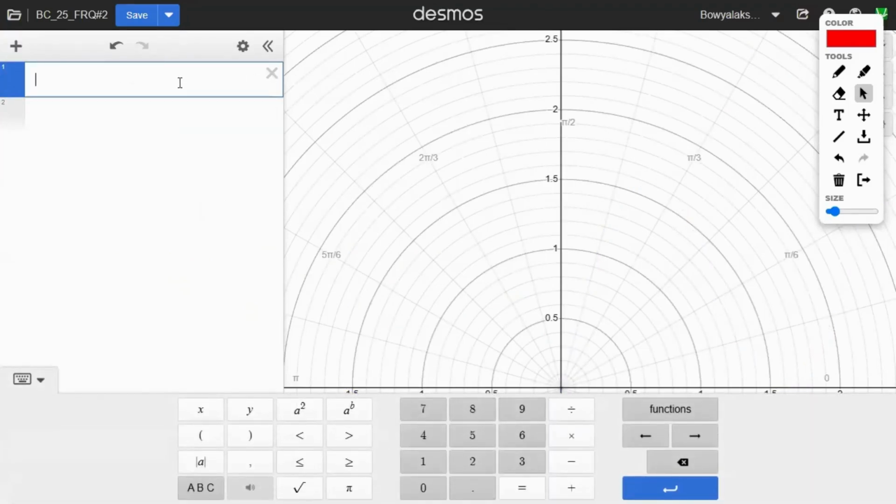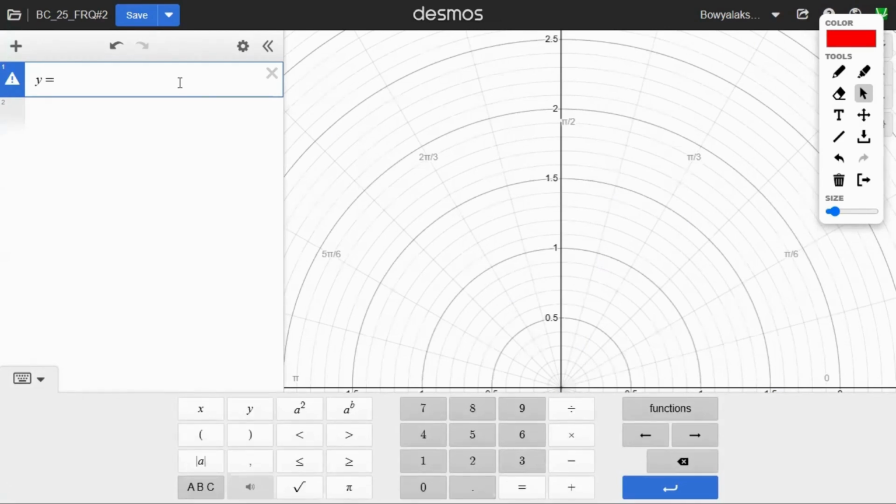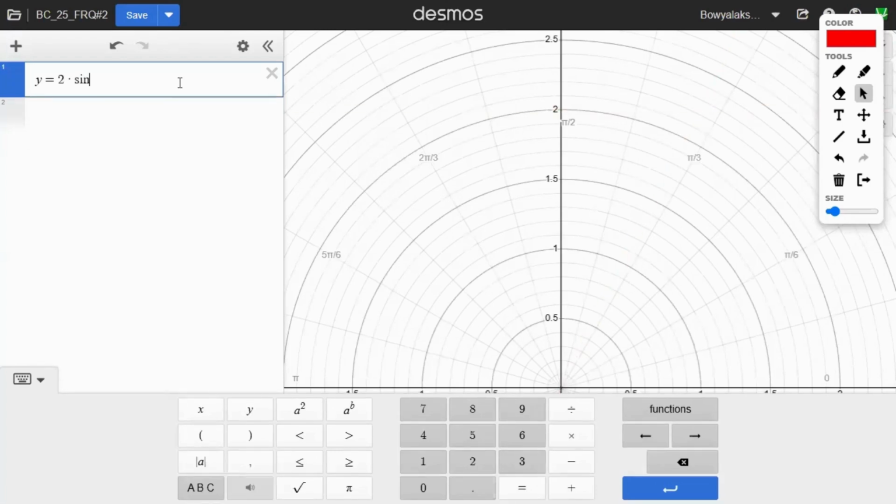So now I'm just naming y and not in theta terms. So y is equal to 2 sine squared x cos x.